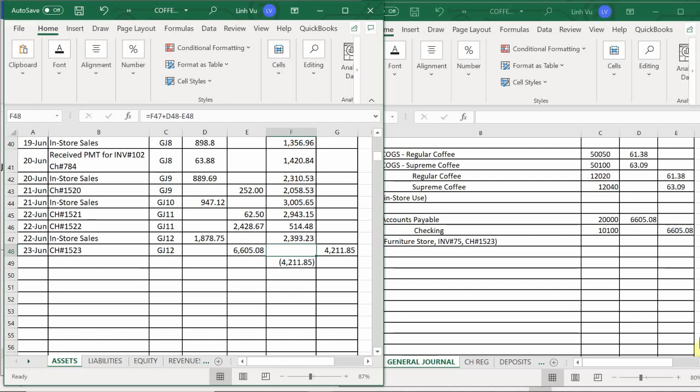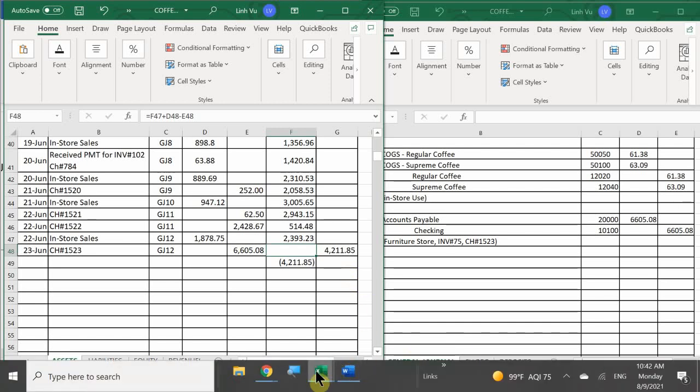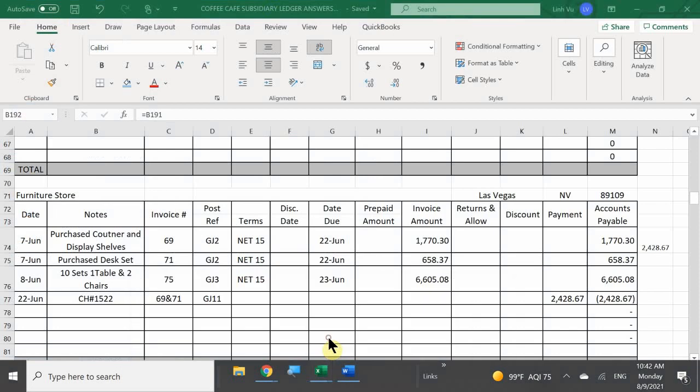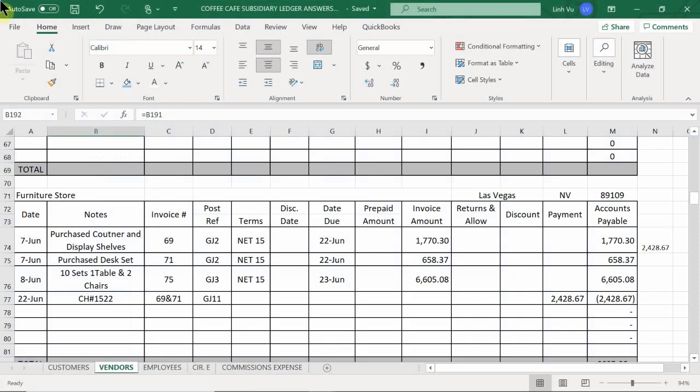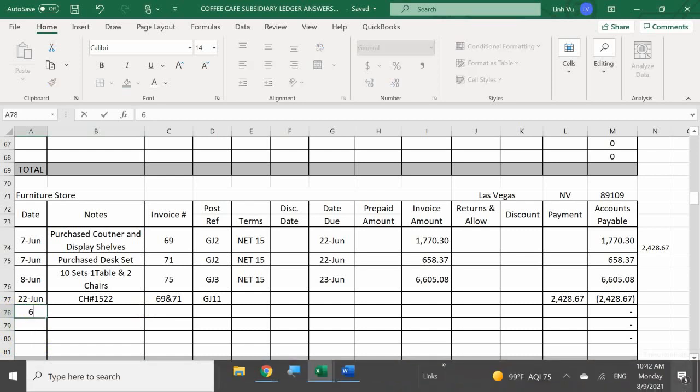Okay. So let's see what is next. Subledger, vendors. We're gonna find the furniture store again. Okay, and then I have 623. Check number 1523. Invoice number 75.